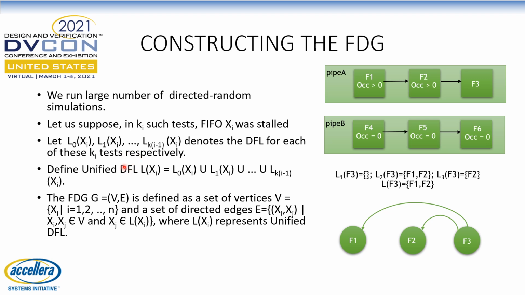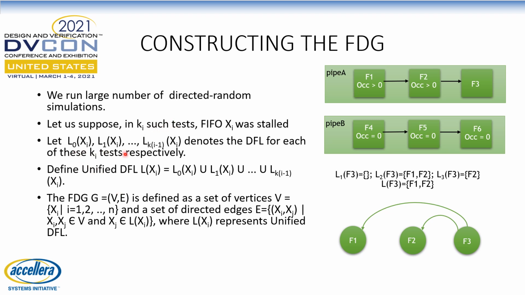And as I discussed briefly earlier, although you stall the same FIFO, it's possible that the dependency list in the test might end up being different, and the reason is the dependency list not just depends on the FIFO being stalled, it depends on DUT configuration, test stimulus, and so many other factors.